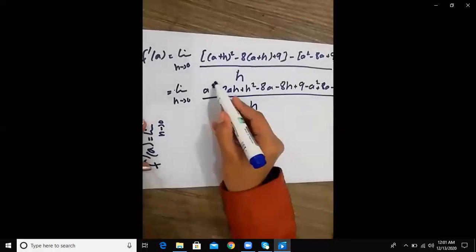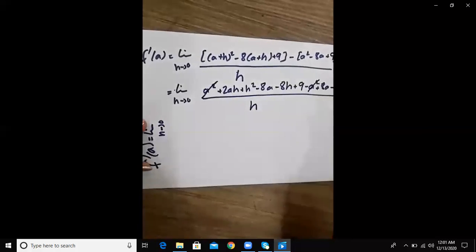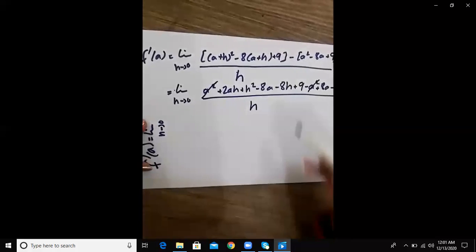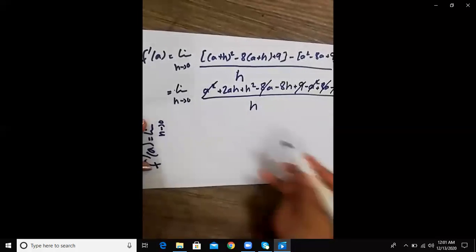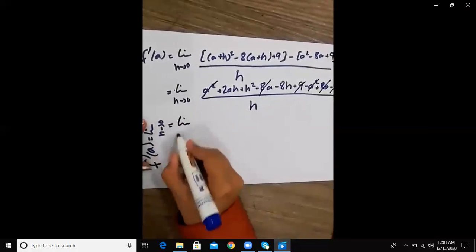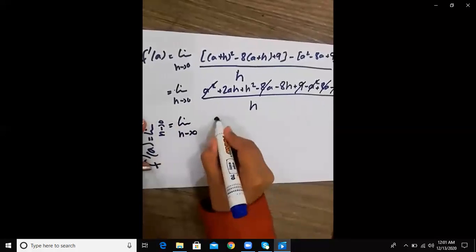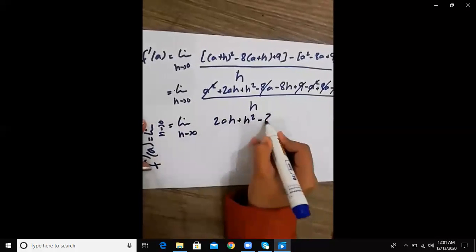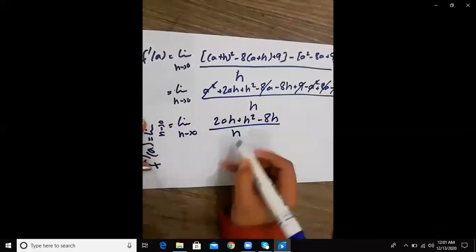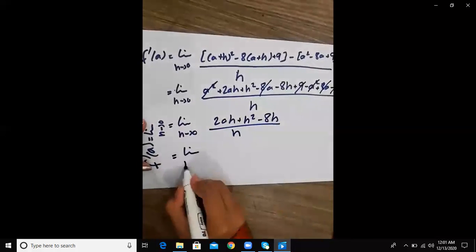Now we will cancel some of the values: a square with minus a square, 8a with minus 8a, and 9 with minus 9. So the limit as h approaches 0 is equal to 2ah plus h square minus 8h, all divided by h.